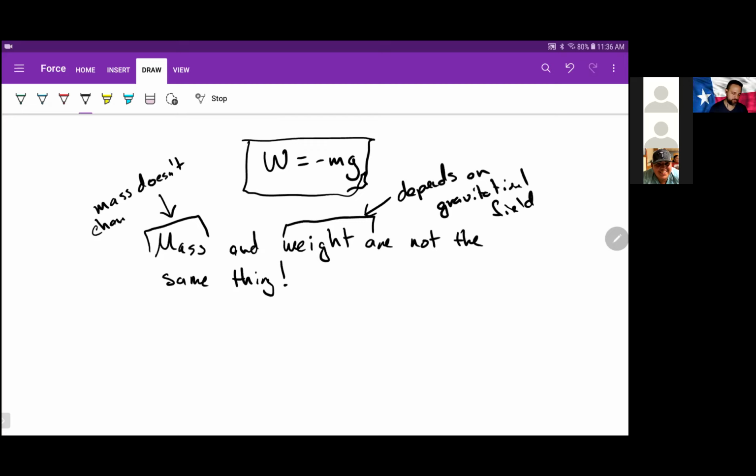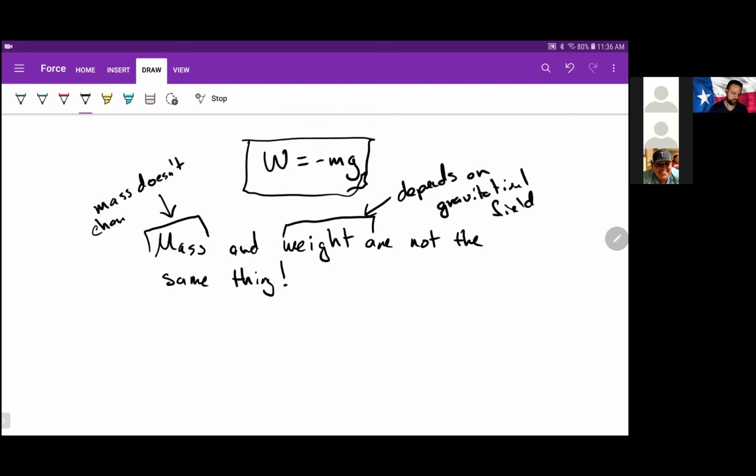How much stuff is in an object. Gravity is a force. Weight is a force. Mass is not. Weight is a vector. Force is a vector. Mass is a scalar. This is a scalar. This is a vector.